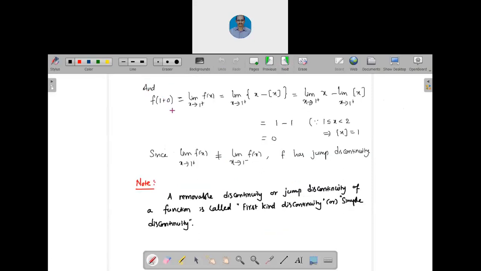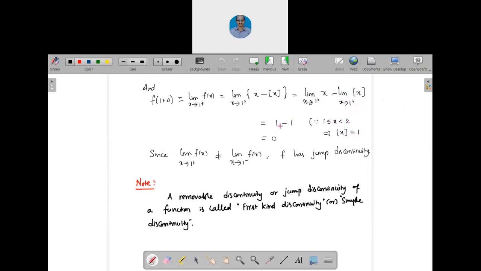And the right side limit at a, f(1 plus 0), is equal to the limit of f(x) when x tends to 1 from the right side, that is the limit of x minus [x]. The limit of x when x tends to 1 is 1, and for the right side values of x near 1, such as 1.1, 1.01, the integral part [x] is 1.